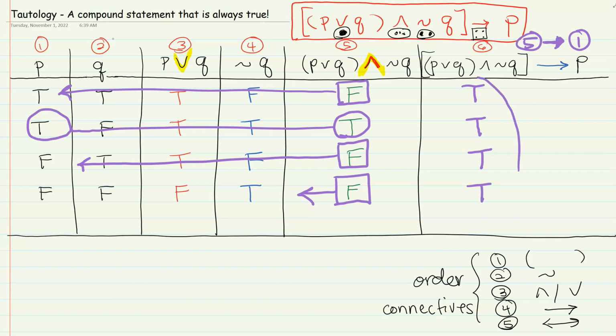Therefore, this statement is always true. And when it is always true, we call that statement a tautology, a statement that is always true. The opposite of a tautology is a self-contradiction, which is what we will go over in the next video.